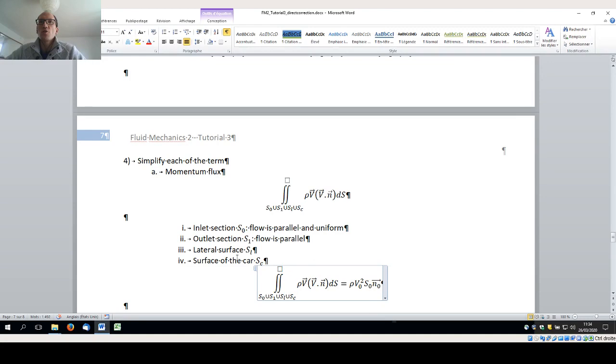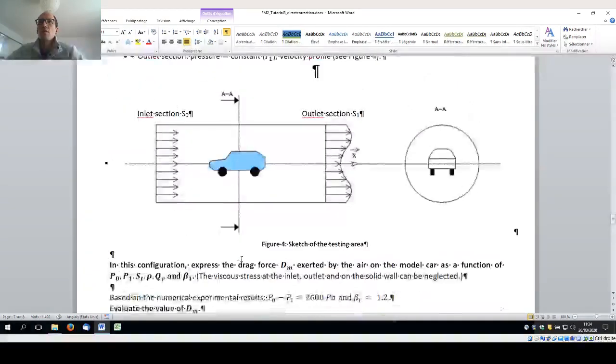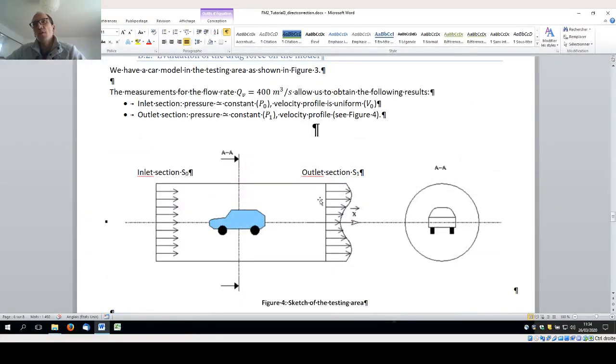In outlet section S1, the flow is still parallel, but this time the velocity profile is not constant. So what's happening in this case?